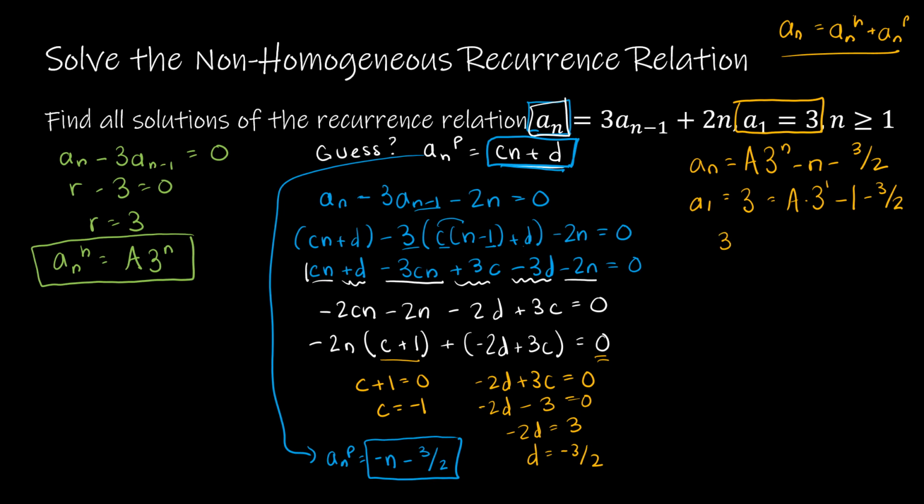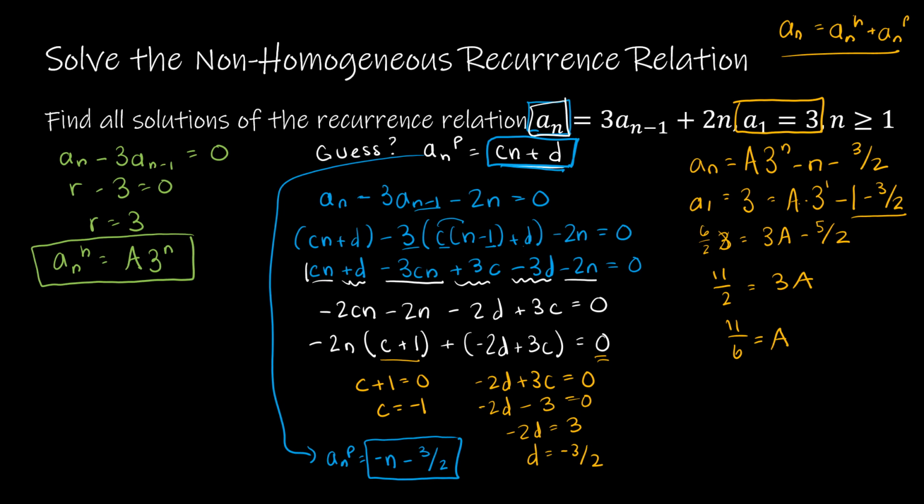So I have 3 is equal to a times 3 to the first, so 3a. And then I'm going to combine these two together, so that's minus 1 or minus 2/2. So this is minus 5/2. Add 5/2 to each side. So again, 3 is kind of like 6/2, right? So if I add 5/2 to each side, I get 11/2 is equal to 3a. Dividing by 3, I get 11/6 is equal to a.